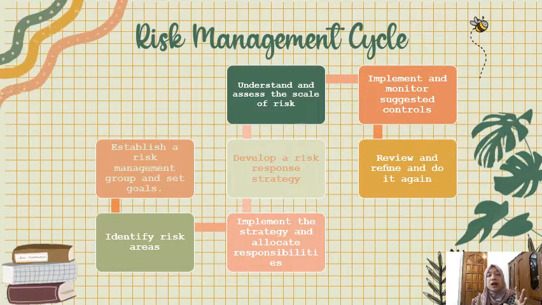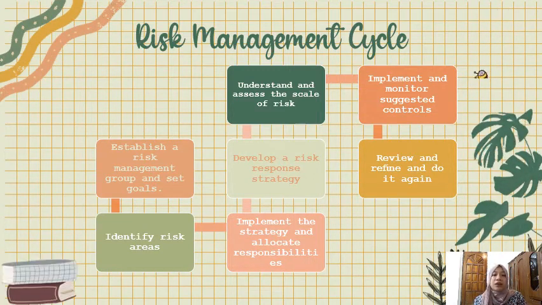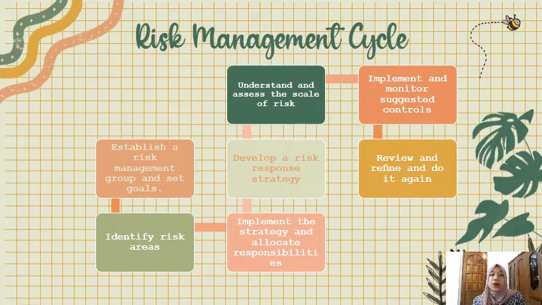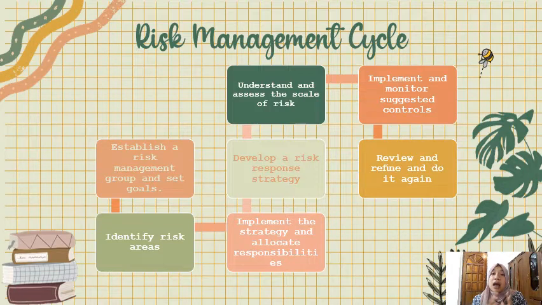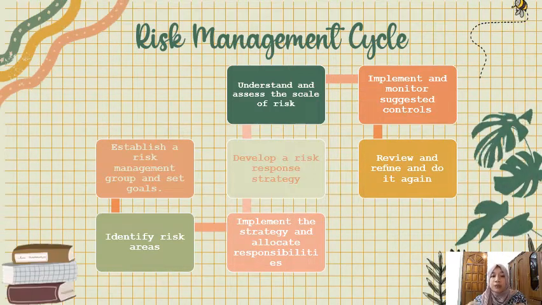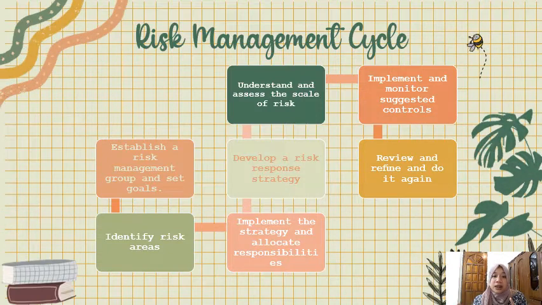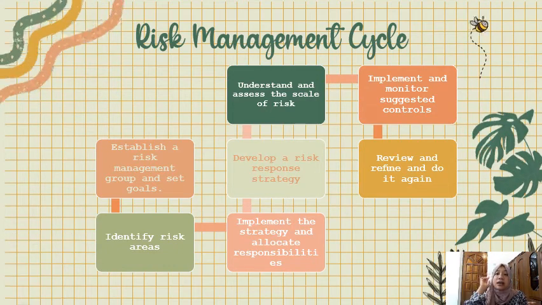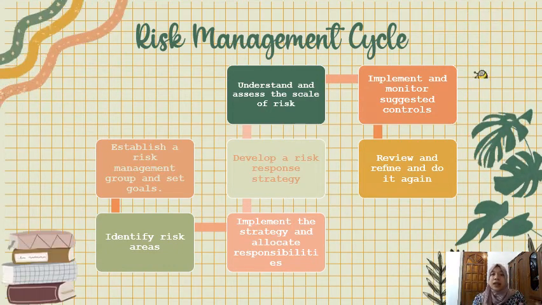So, after the second step, the next step is to understand and assess the scale of risk, as we see in the table showing in the slide, which is from establishing, to identify, to understand and assess the scale of risk.